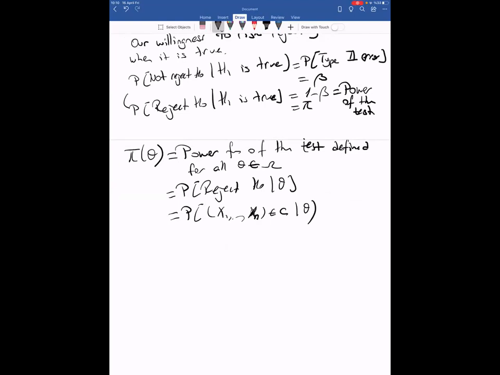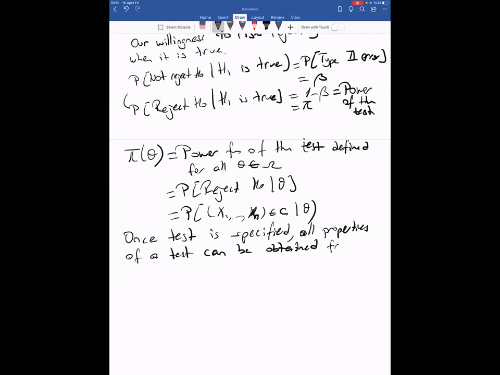First of all, we need to specify our test. Once the test is specified, all properties of a test can be obtained from this power function.